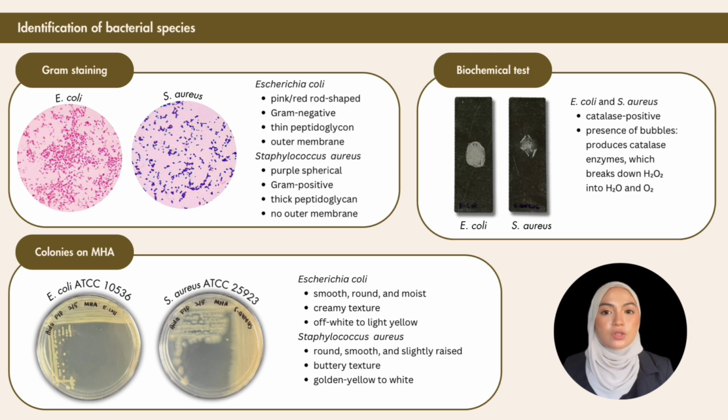After I streaked the stock culture on MHA, E. coli shows a smooth, round and moist appearance with off-white color and creamy texture. S. aureus shows round, smooth and slightly raised colonies with yellow to white color and buttery texture. Lastly, both of these selected bacteria are catalase positive since they form bubbles.